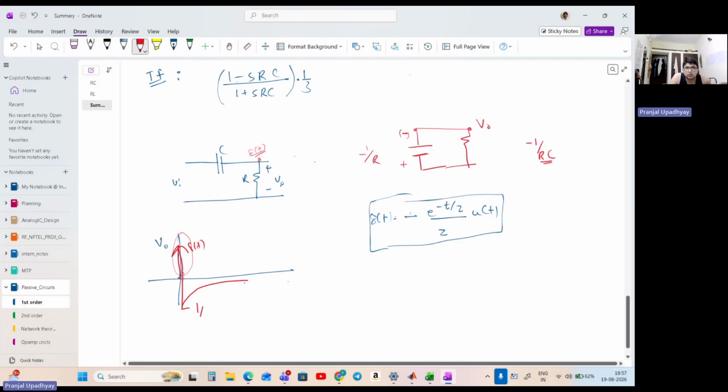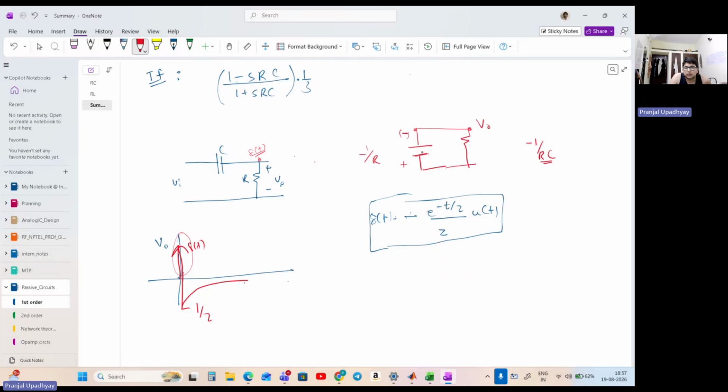And eventually, this negative charge will try to decay out through this resistor, and alternatively we'll feel as if some positive current is flowing, until the voltage across the capacitor dies out to 0.